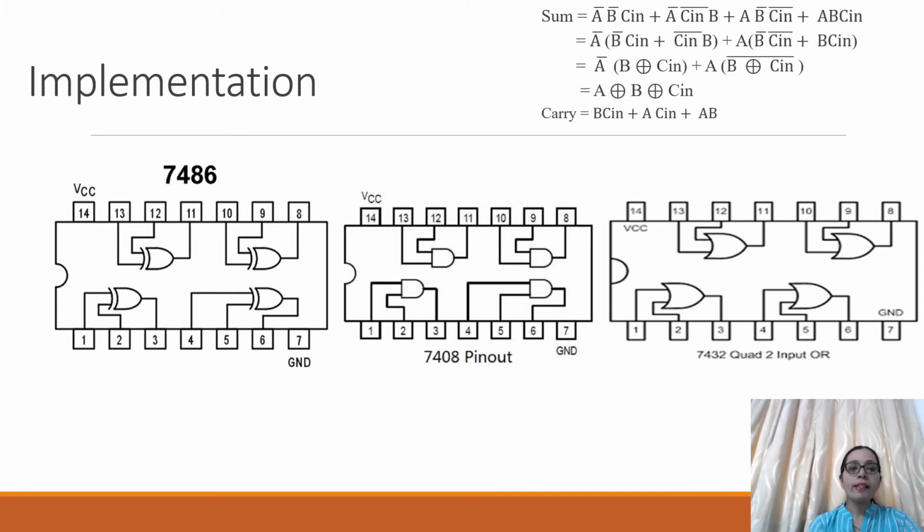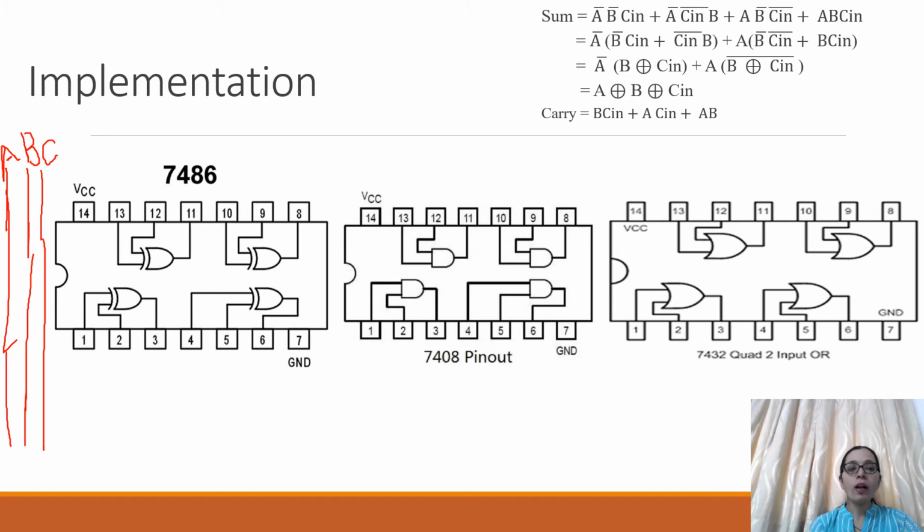To easily implement sum and carry, on the breadboard holes we will have one wire as A, another as B, and one more wire as C. So three external wires we will take and denote them as A, B and C. This is the slot for A, this is the slot for B, and this is the slot for C. You can use different color codes of single strand wires to do the connection. Suppose I have used the blue one for A.